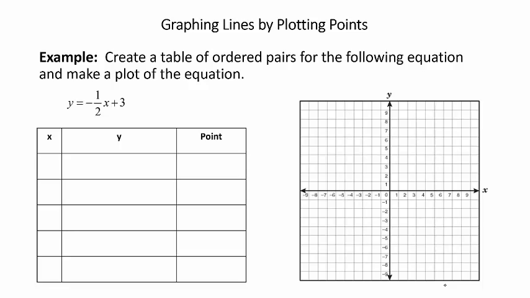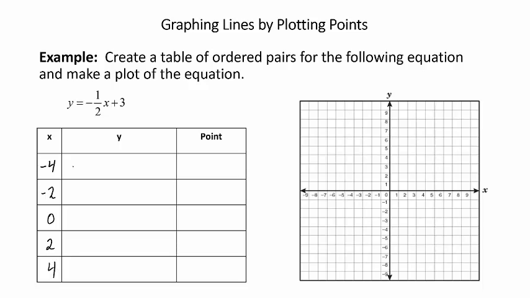So it would give us an improper fraction when we went to find the y value, which is not a bad thing, it's not a wrong thing, it's just not as handy when you're trying to plot points by hand. So I am going to choose values of x that are even so that we can divide them by 2 and get a nice integer value, right? So instead of -2 to 2, I'm going to do -4 to 4, but skip the odd numbers. So I'm going to have -4, -2, 0, 2, and 4, okay?